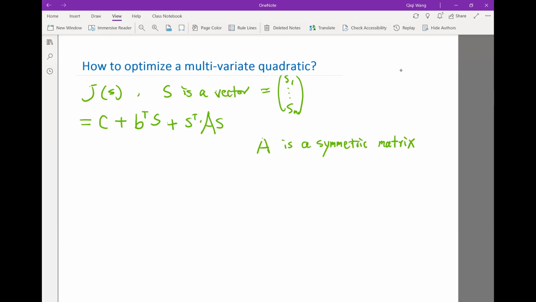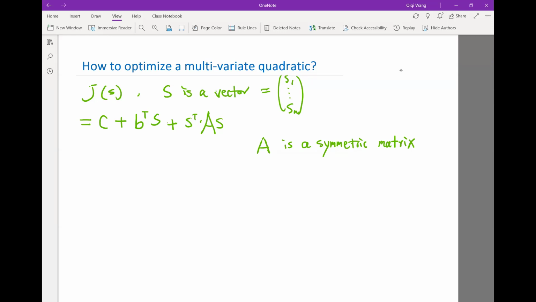Why is A a symmetric matrix? This is because if A is not symmetric, then I can write an equivalent matrix A that is symmetric and represents exactly the same quadratic function.